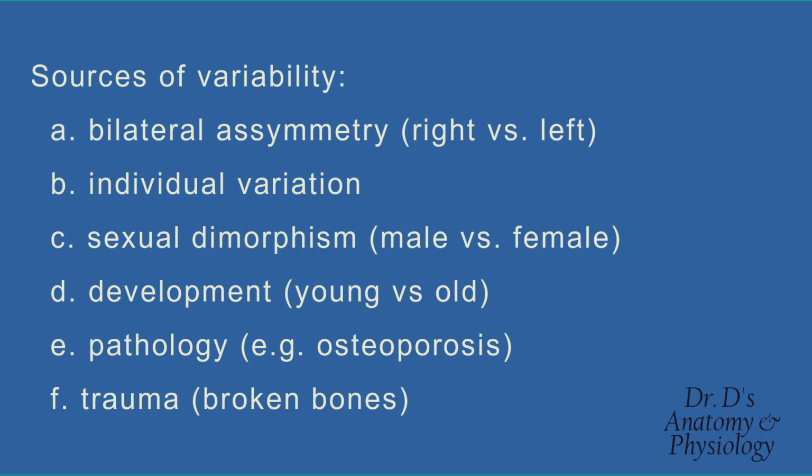And you may look at these older bones and think that an opening is a real opening when it's actually due to the weakening of the bone that caused a piece to fall out.